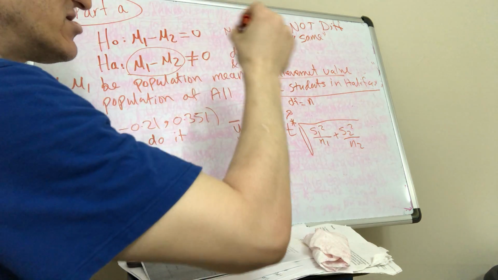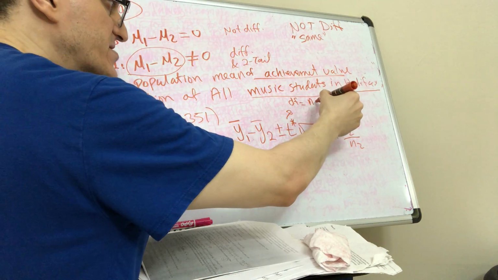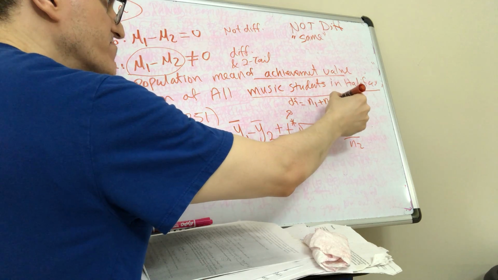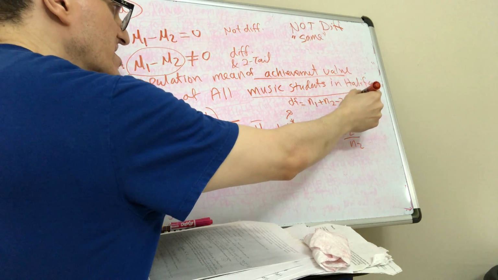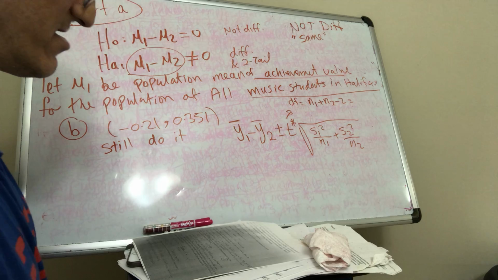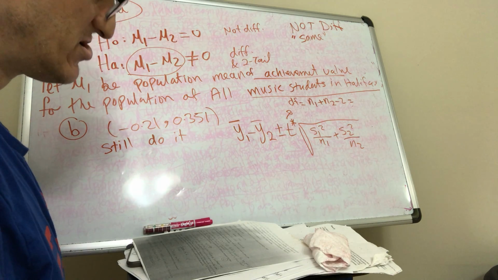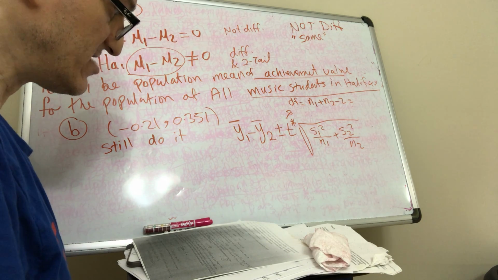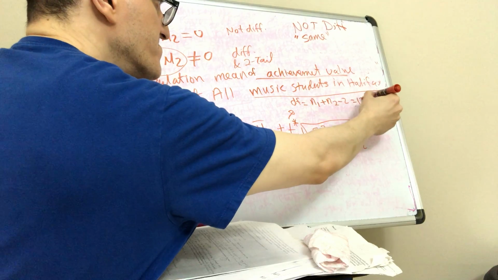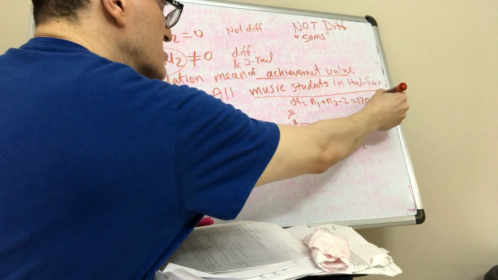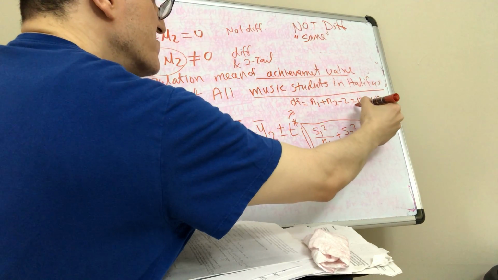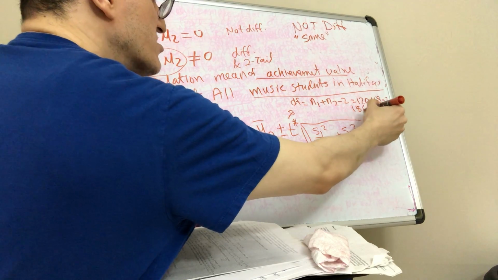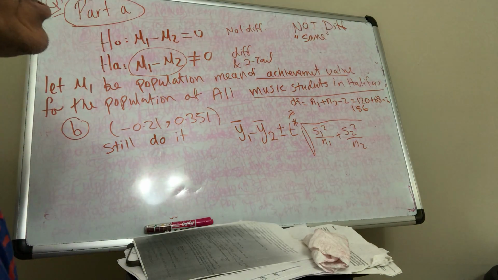It's only for this chapter that it's a little bit different. It's N1 plus N2 minus 2. So N1 is 120, and 68, minus 2. So your degrees of freedom is 186.